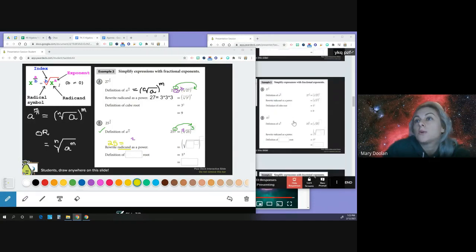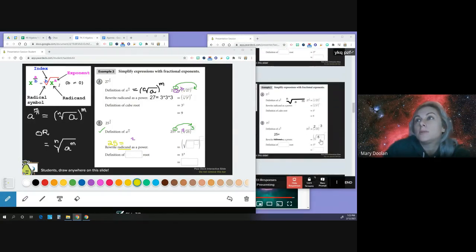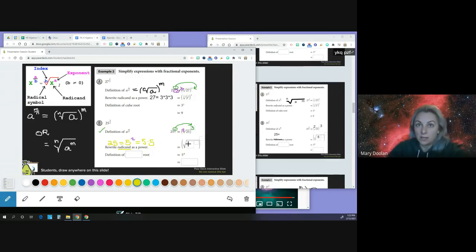What would I square to get 25? Aha, this person figured it out. 5, absolutely. Okay, 25 is the same thing as 5 to the second power. It's the same thing as 5 times 5. So in this box, we are going to put a 5. And in this box, we're going to put a 2. Okay, because we took 25 and rewrote it as 5 squared. So 5 squared. What goes in this little box out here?